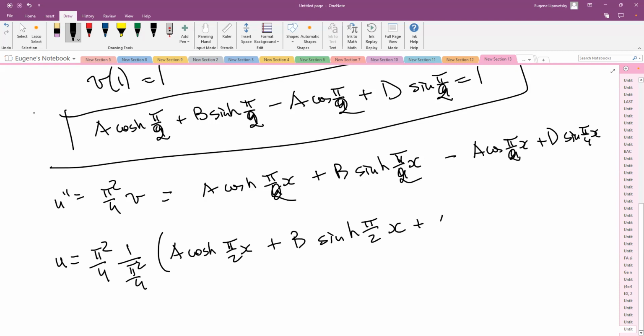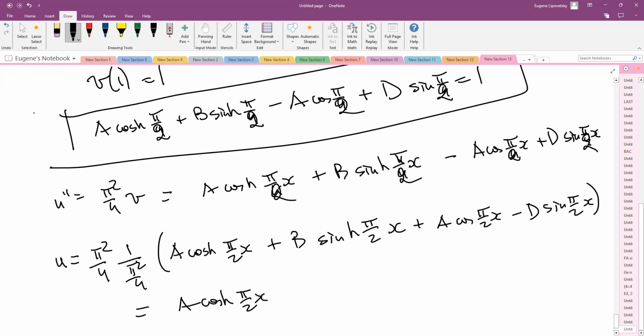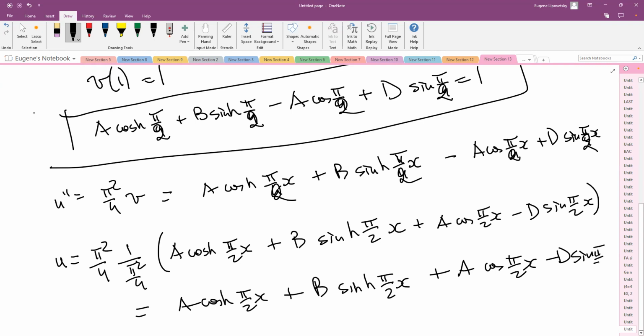So it's going to be plus a cos of pi over 2x and minus d sine of pi over 2x. That's the u. So u equals a cosh of pi over 2x plus b sinh of pi over 2x plus a cos of pi over 2x minus d sine of pi over 2x.